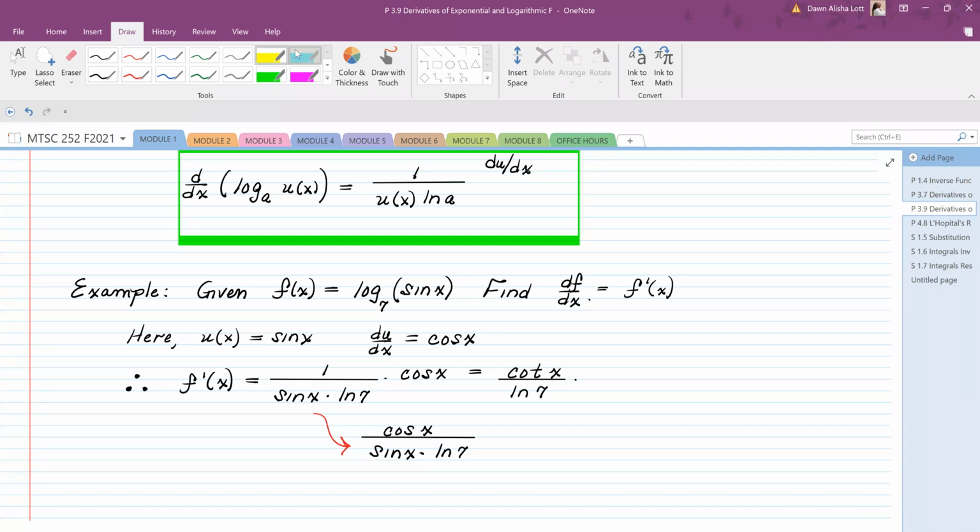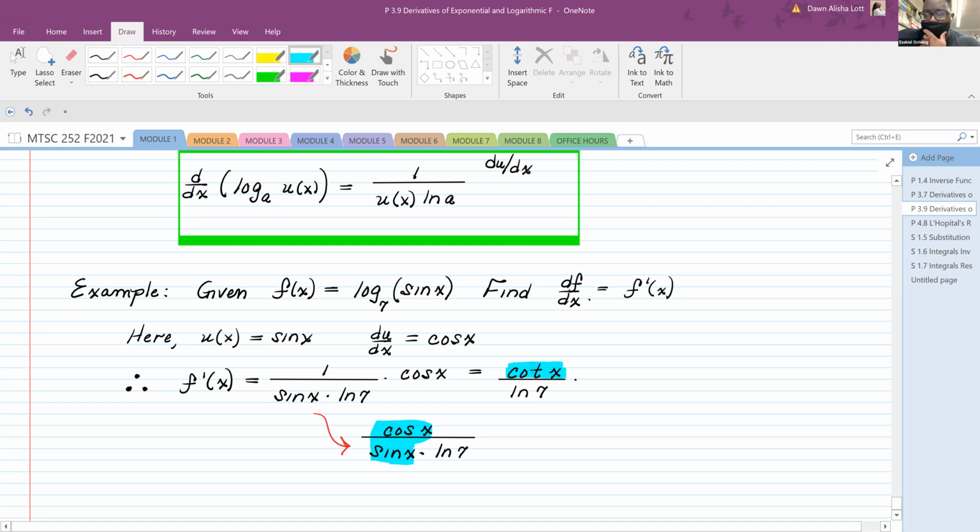And then I put these two together to give me cotangent.